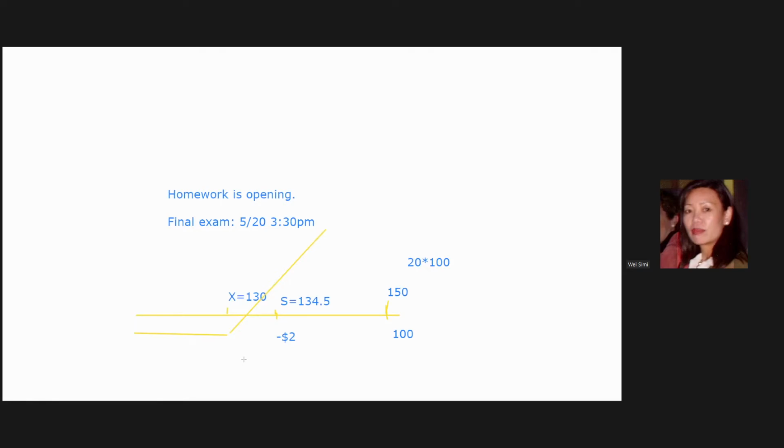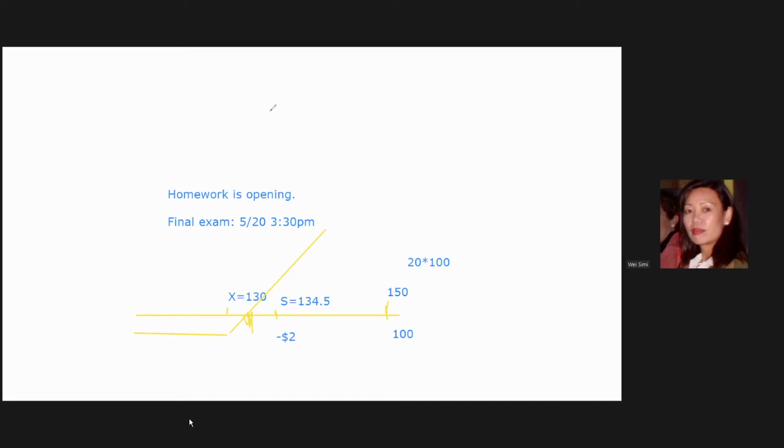Extra credit. 132 is the break-even, because you pay $2, and if the stock goes to 132, you start to make a profit. Before that, you have to subtract the $2. So that's the call, very good.